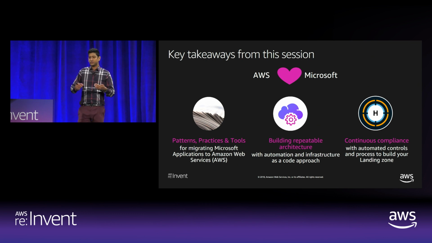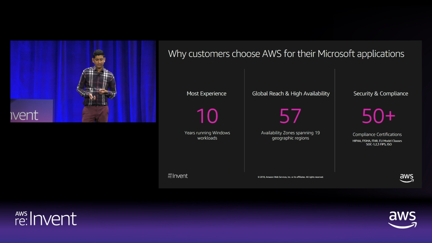No matter where you start, you have your own learnings, and other peers are learning best practices from the industry. You want an automated process where you can take all these in a continuous way. That's what we'll look at, both in repeatable architecture using the tools, and also how to build security and compliance in an automated way so that you can remain nimble and flexible. So get to it.